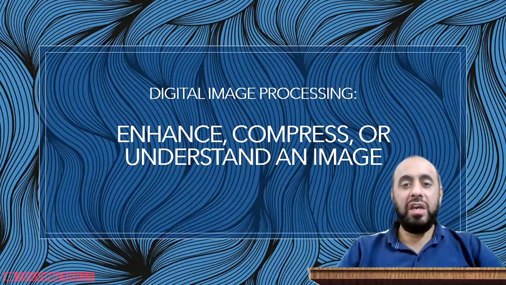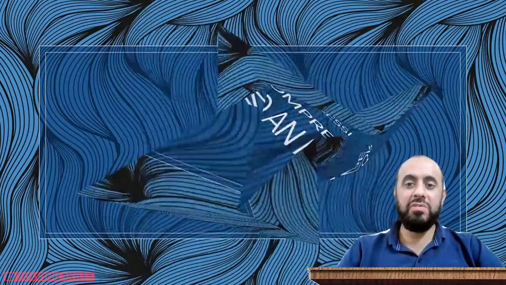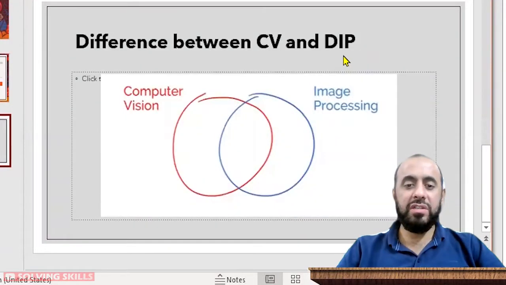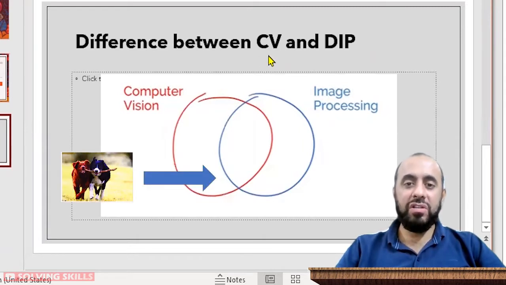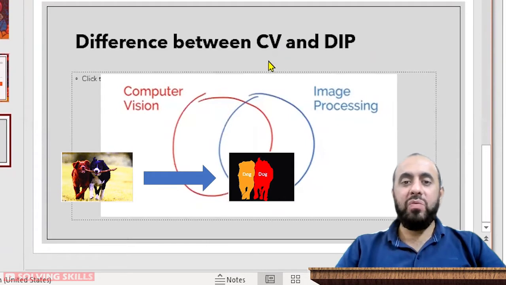But before I go into the introduction about the course, let me make something a bit clear. And that is that digital image processing, this term, is slightly different than computer vision. Computer vision is something which lets you have an image and then apply some kind of algorithms using some mathematics. We try to understand what the contents of the image really are.